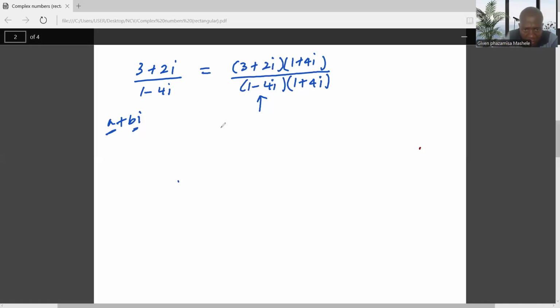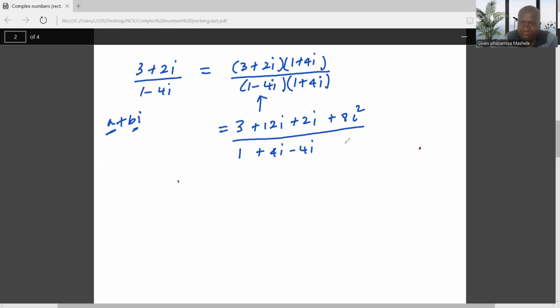Let's do the simplification. Then this becomes 3 plus 12i plus 2i plus the 8i squared, divided by, let's simplify the denominator. This is 1 plus 4i minus 4i minus 4i squared.